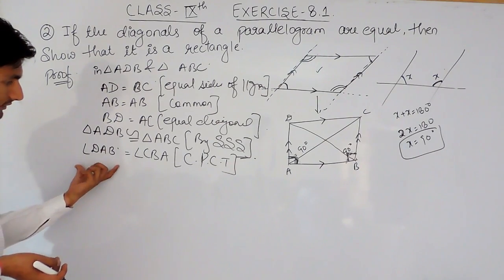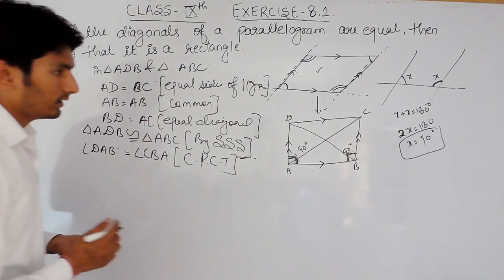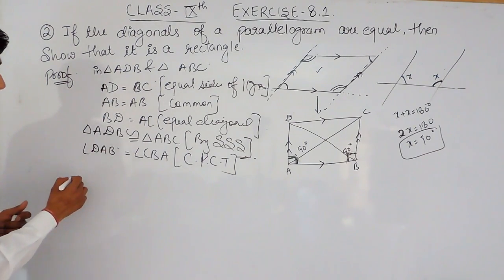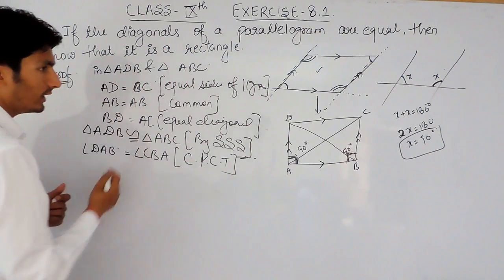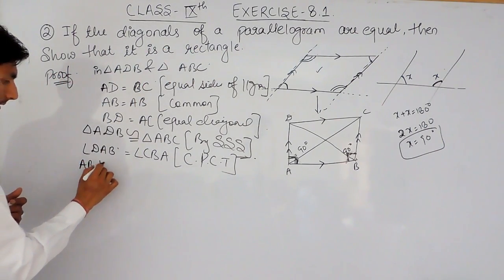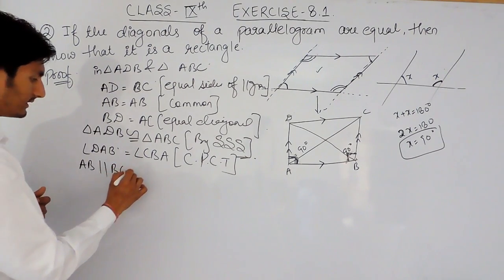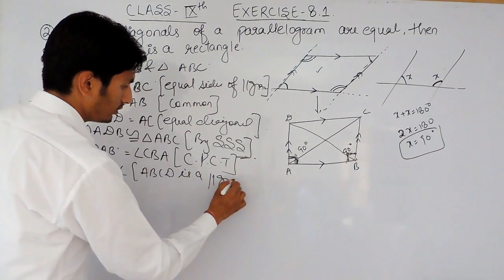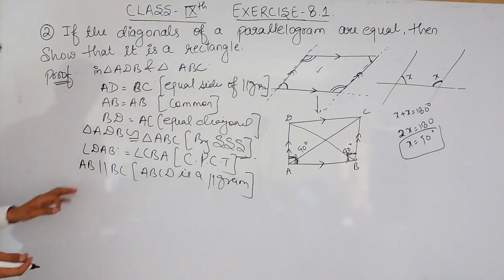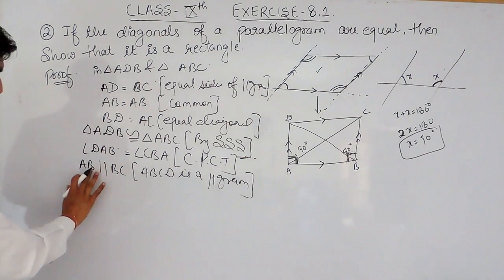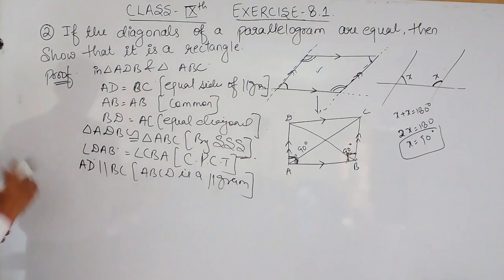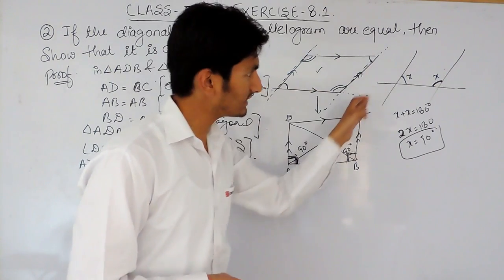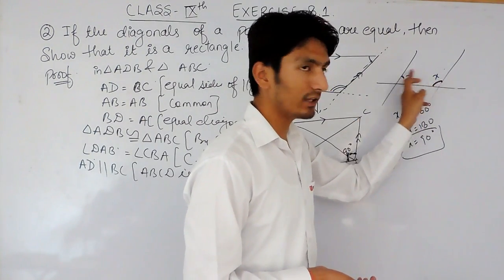Now, if these two angles are equal, after that we have to use the property for parallel lines, because ABCD is a parallelogram, this is given to you. So AD must be parallel to BC, because ABCD is a parallelogram. We know that if two lines are parallel, the sum of interior angles must be equal to 180.